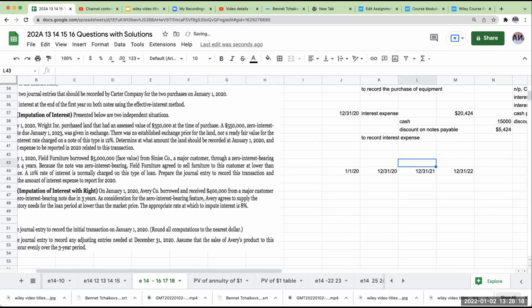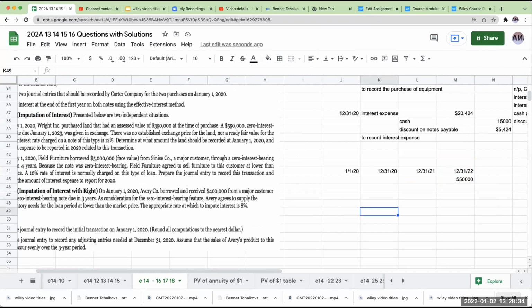And we're just going to say, because this is due on 1/1/23, it's kind of the same thing. So we're going to have to pay at this point in time $550,000. So how do we go through and do this?